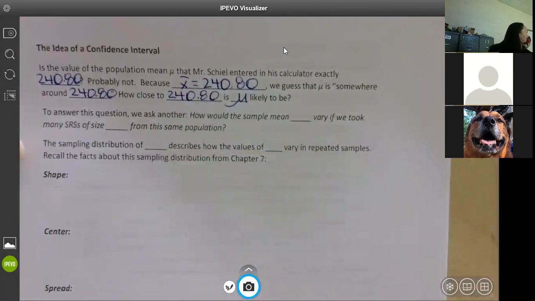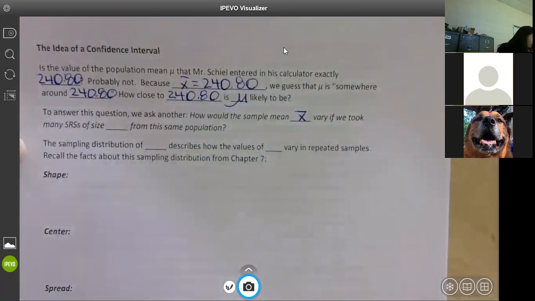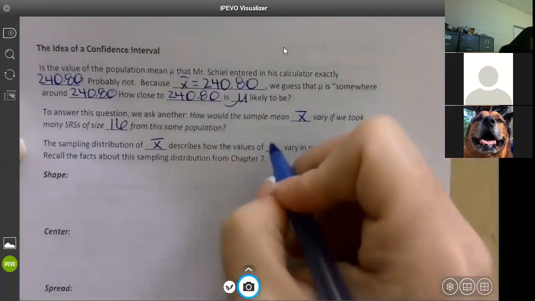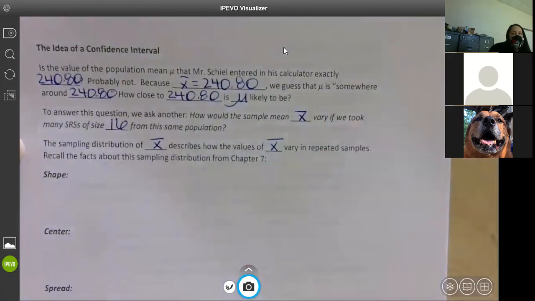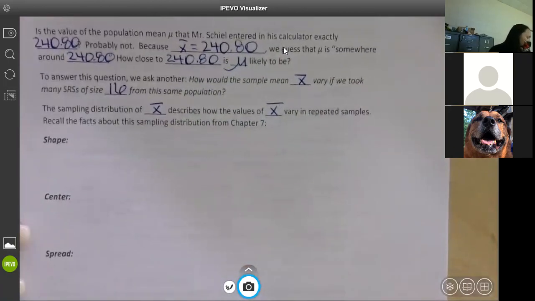How good is our point estimator? So to answer this question, we ask another. How would the sample mean X bar vary if we took many SRSs of size 16 from the same population? The sampling distribution of X bar describes how the values of X bar vary in repeated samples. Recall the facts about the sampling distribution from chapter 7.